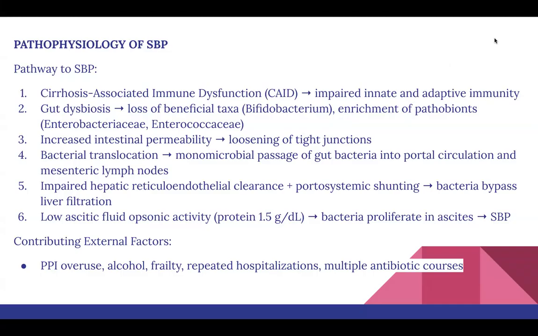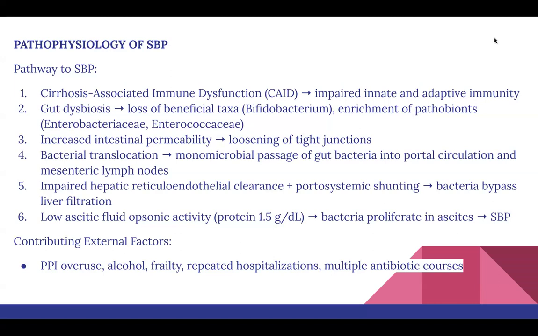Basically, opsonins like immunoglobulins and complements that typically bind to the bacteria are very low in ascitic fluid. That increases the risk for bacteria to proliferate in ascites, resulting in SBP.